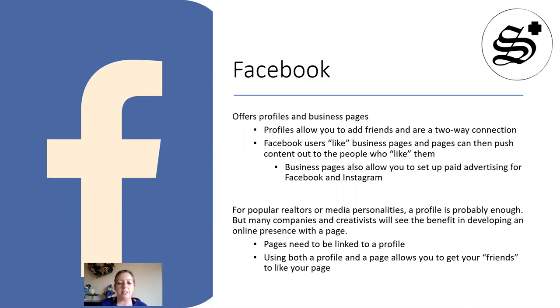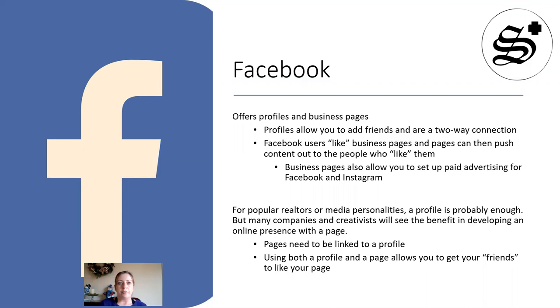So pages need to be linked to a profile, and using both a profile and a page allows you to get your friends to like your page. So let me explain that a little bit. You have your profile, and with that profile, you are able to create a page. When you have that page, you can then invite people to like it.